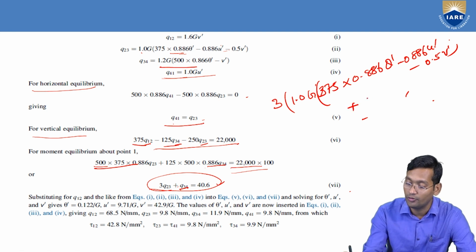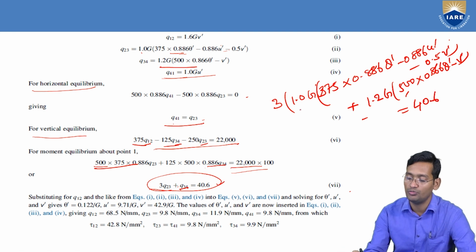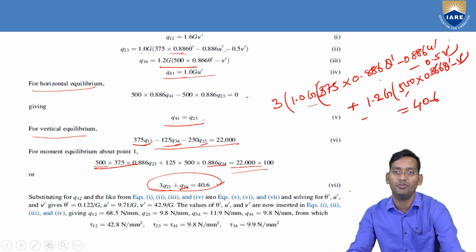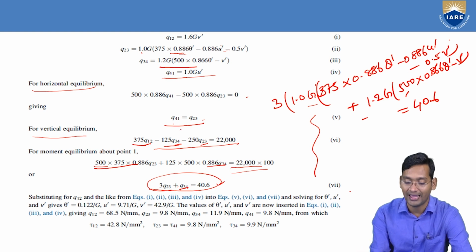Q34 is this one. 1.2 G into 500 into 0.866 theta dash minus V dash. That is there. That is equals to what? 40.6. So just if you put in this value in calculator and simplify. Okay. And you will get how many equations? 3 equations. Right? Okay. After substituting here, and these two are equal.